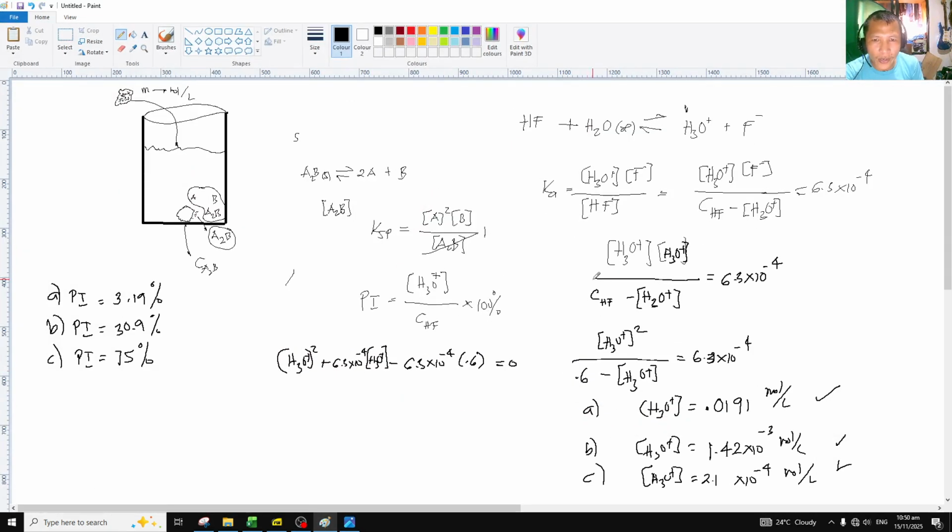For example, for HF or this A2B in my drawing, the more it becomes A and B. The smaller the percent ionization, the more it ionizes. Meaning, at equilibrium the forward reaction is more favorable, making products, and the backward reaction is less.